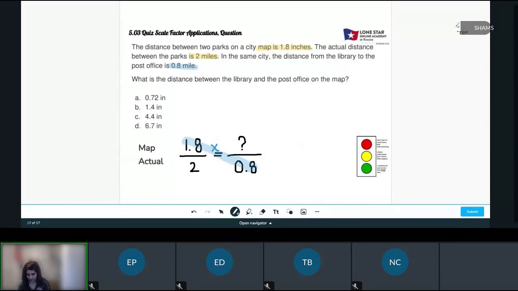Can you guys verify? 1.44. And then divide by 2. 0.72. That is correct. 0.72 inches.